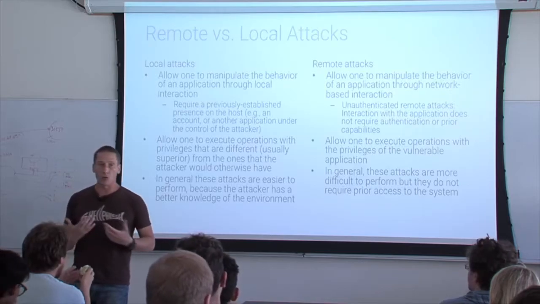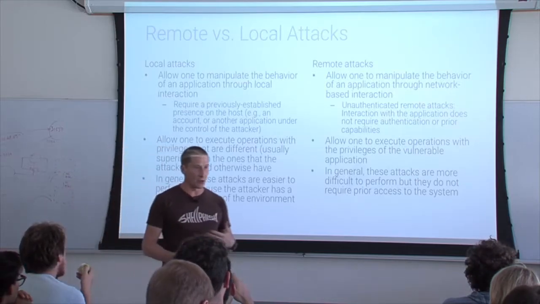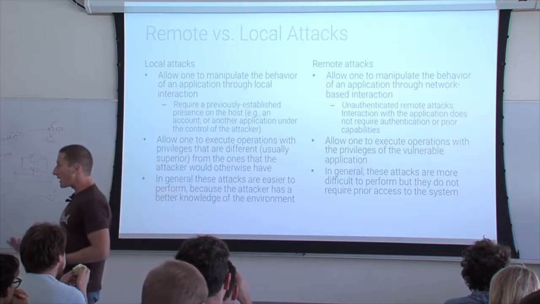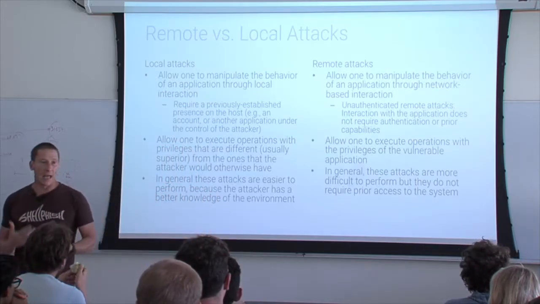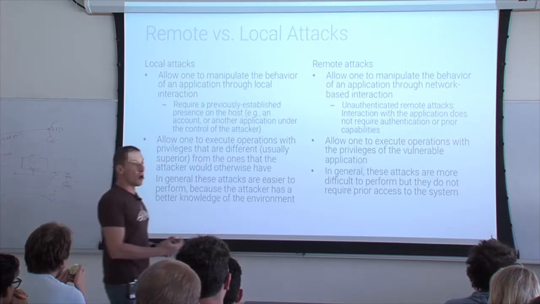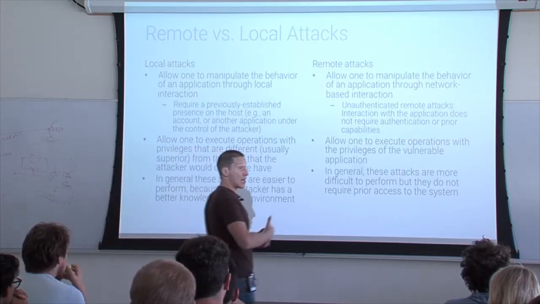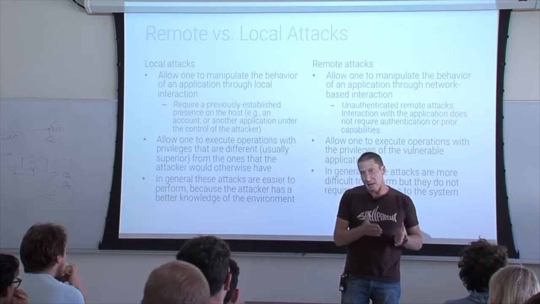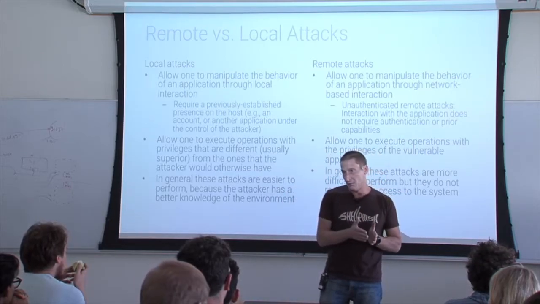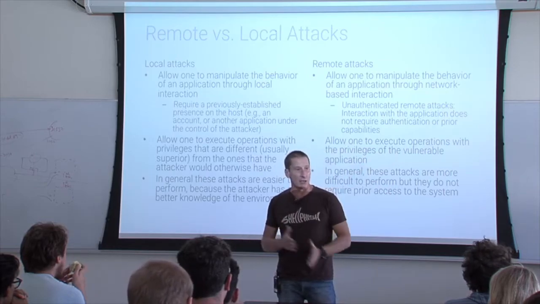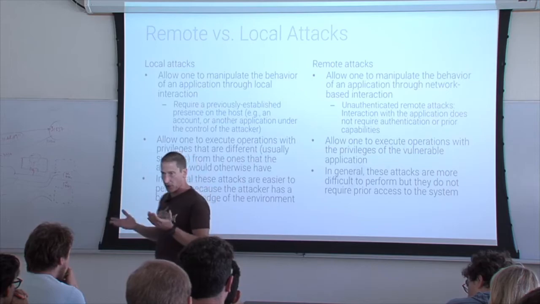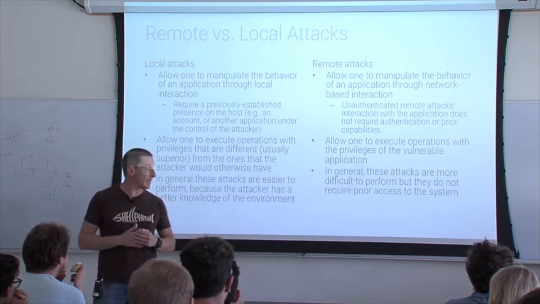Imagine you are already a user on a Unix system and you want to do more. Or you're already an application on an Android phone and you want to do more. Doing more could be doing something that another application does, so you move with the same level of privilege but in another context. You can act as another user, for example, or another app, which in Android is fundamentally the same thing.